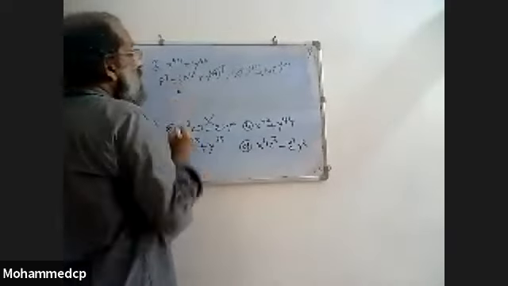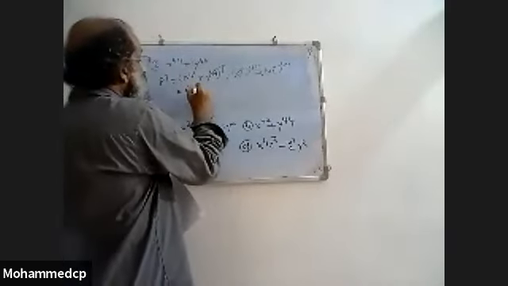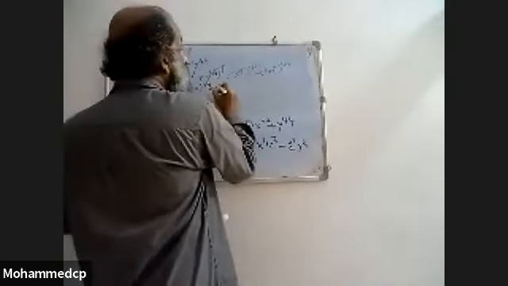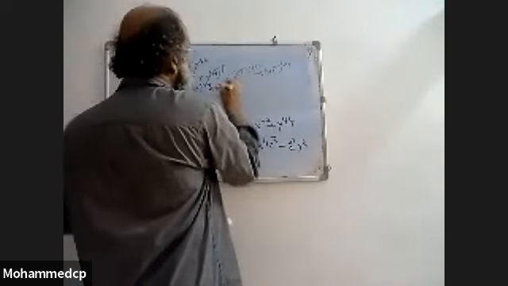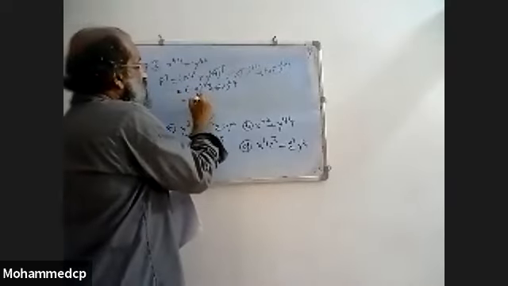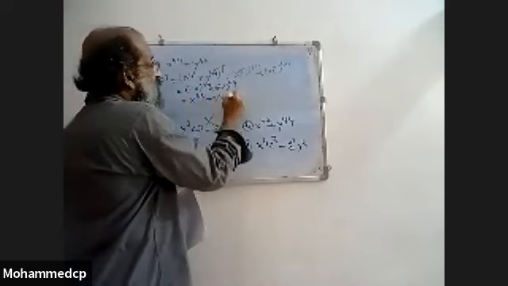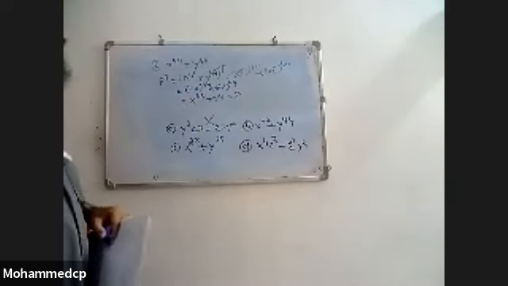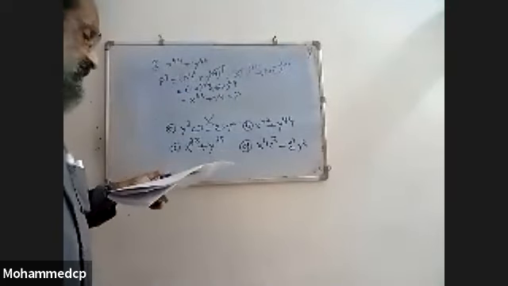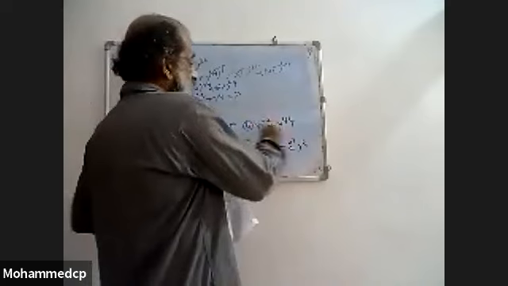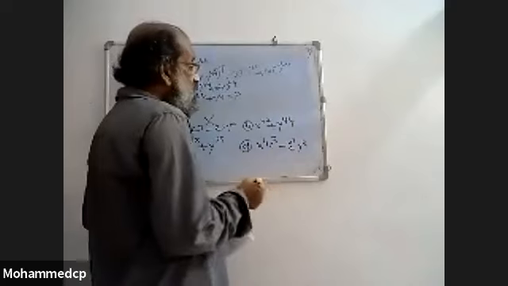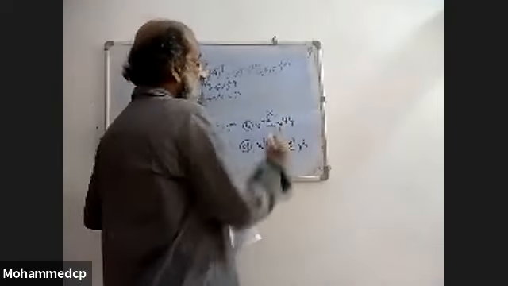So X transpose is minus X, all raised to 44, plus minus Y whole raised to 44. Both are skew symmetric matrices. Therefore, we get X raised to 44 plus Y raised to 44, again P itself. Therefore, P is a symmetric matrix. We are asked to find which of them is skew symmetric, so this is not a correct option.